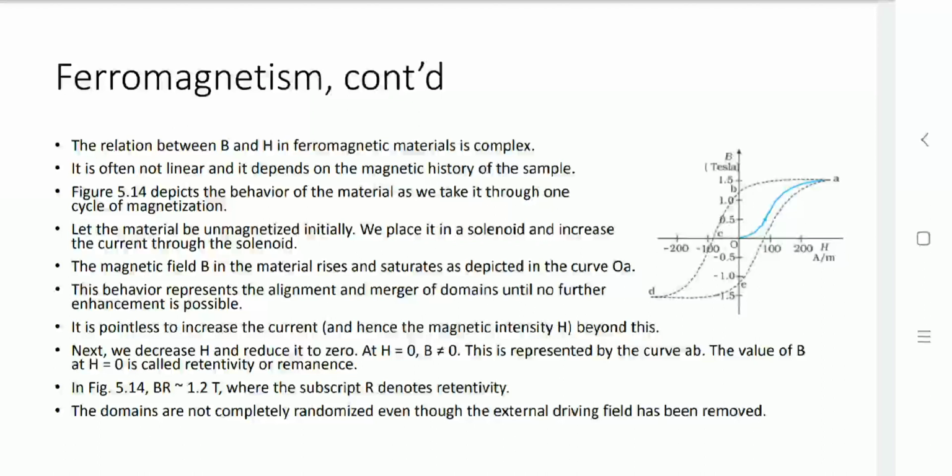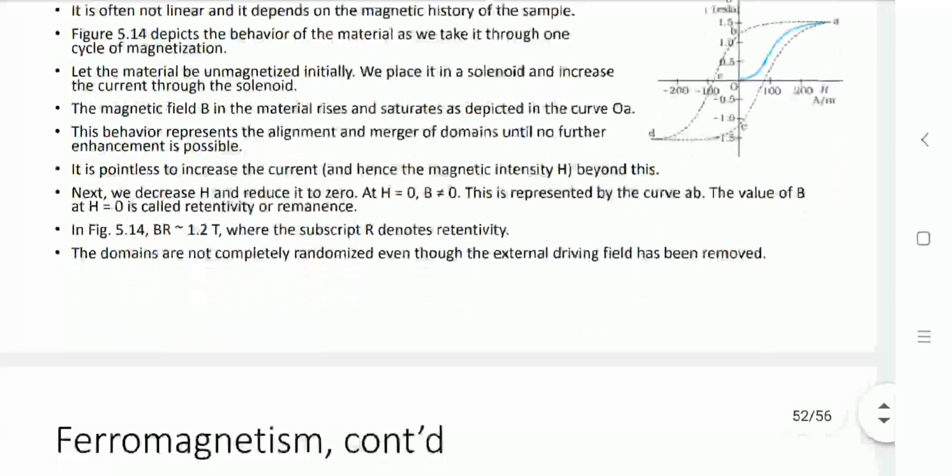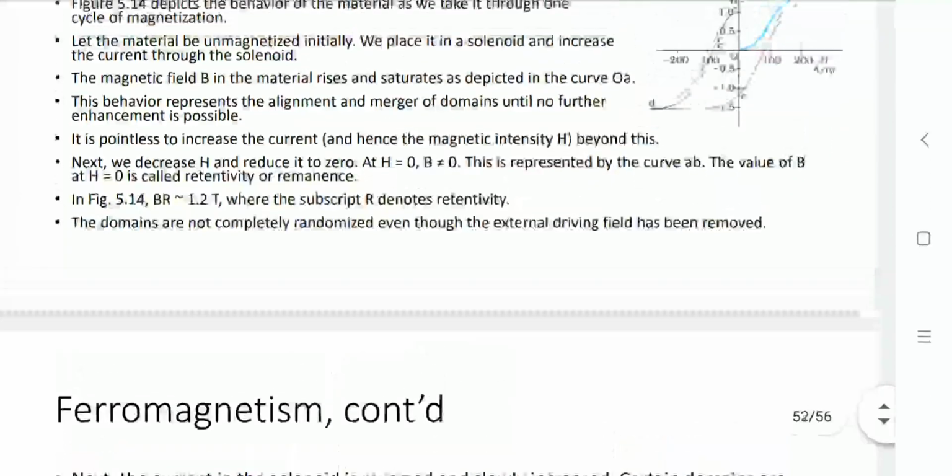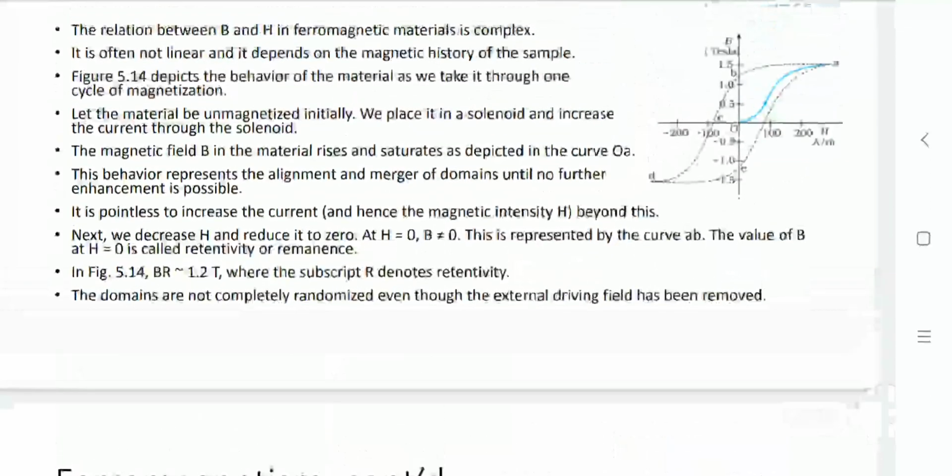Right? Now, as H is 0, it means the external field is completely removed. Now, if we provide a reverse direction field, at that time B starts to reduce and will be nullified around H equal to minus 90 ampere per meter on the negative x-axis.